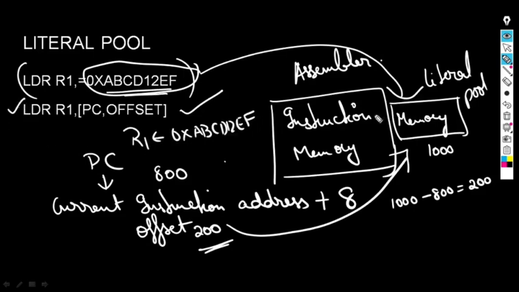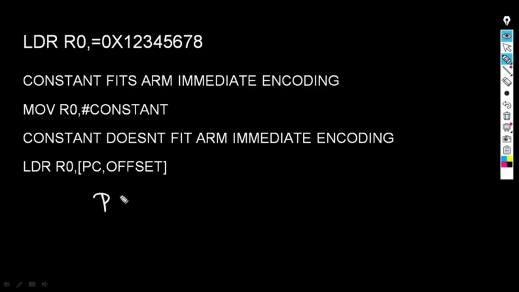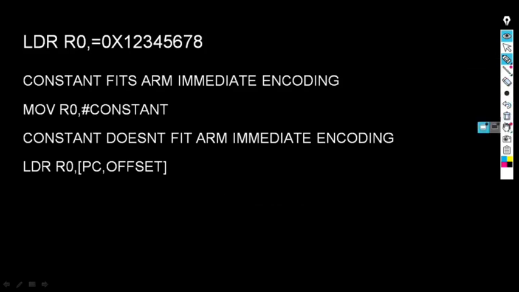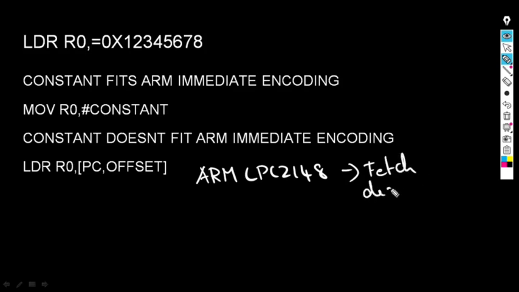I said that the PC value will be the current instruction address plus 8. Why is this the case? That is because in the ARM LPC2148 that we are considering, there is a 3-stage pipeline: fetch, decode, execute.